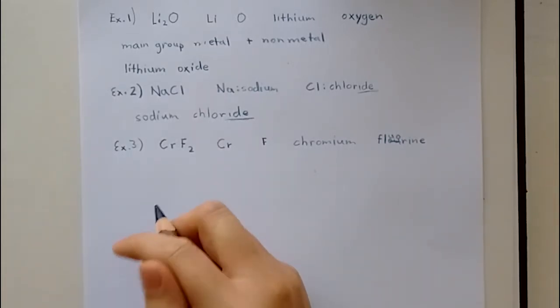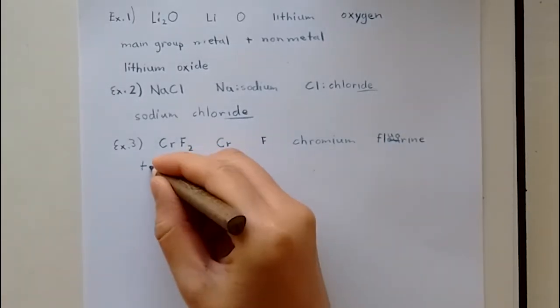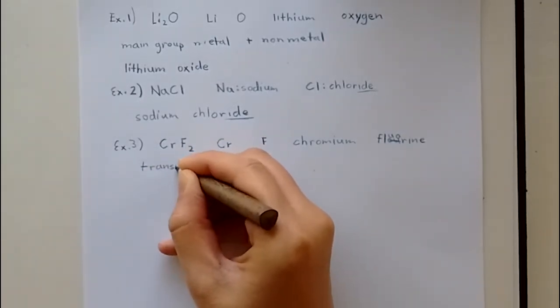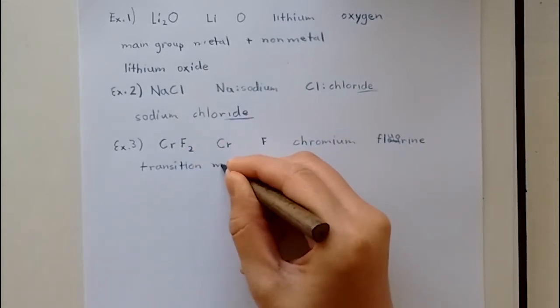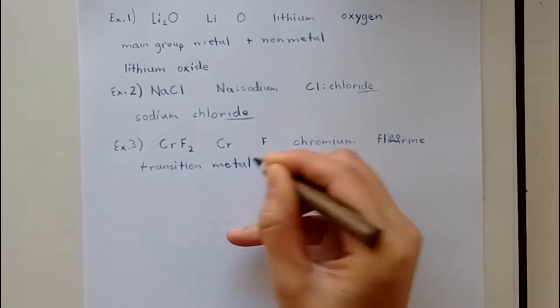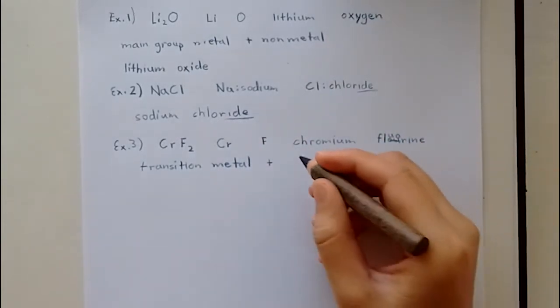As we see from the periodic table, chromium is a transition metal. So in this case, we have to follow a slightly different rule. And fluorine is a nonmetal.